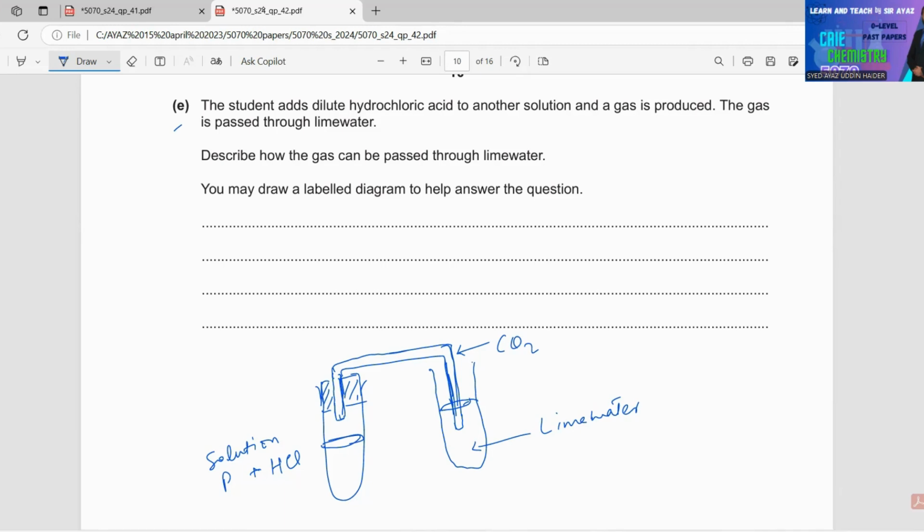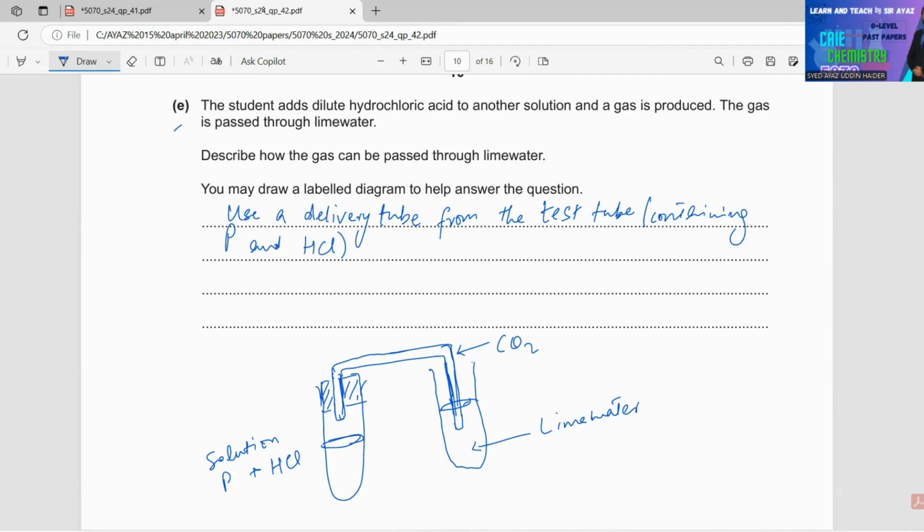Or if you want, you can write the description. First point, use a delivery tube from the test tube containing P and HCl.